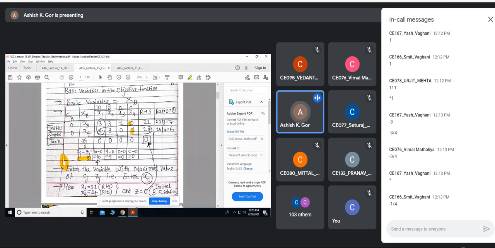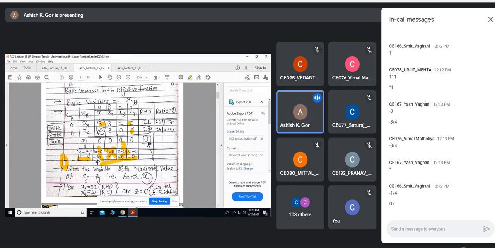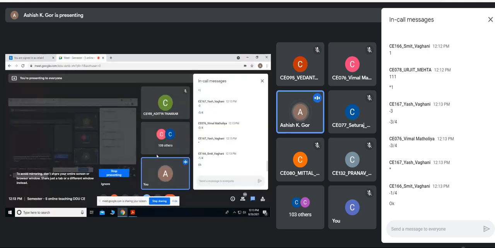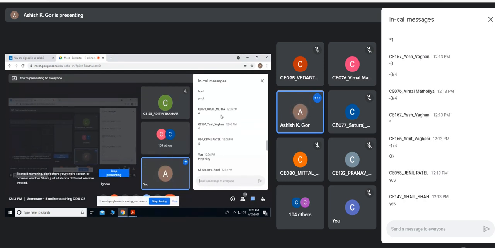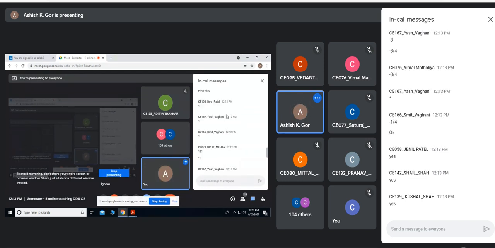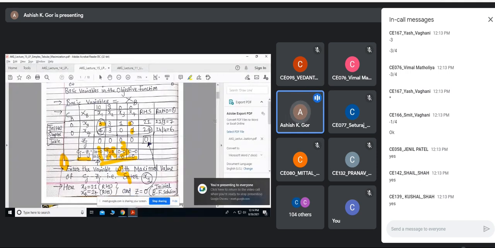So 0 minus 1, the corresponding key column element is 3, 1 into 3, divided by the pivot 4. So 0 minus 3 by 4 is minus 3 by 4. Everybody getting this? Urjit, Yash, Smith. Yes? Okay. Fine. So this will be minus 3 by 4.